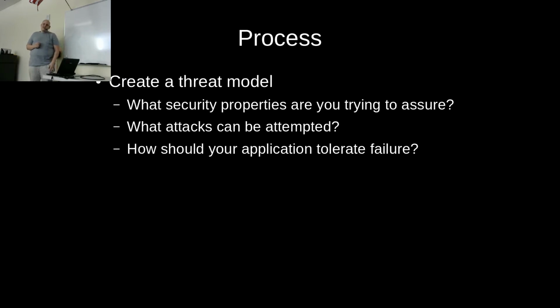How should your application tolerate failure? As I mentioned, there was something called a padding oracle against CBC mode. There are other kinds of padding oracles, like against RSA. What this means is that if you are encrypting data and then you send it to your client and they flip a bit somewhere in the ciphertext, if it creates an error, that might give them useful information about what the decrypted data looks like before the error was produced.